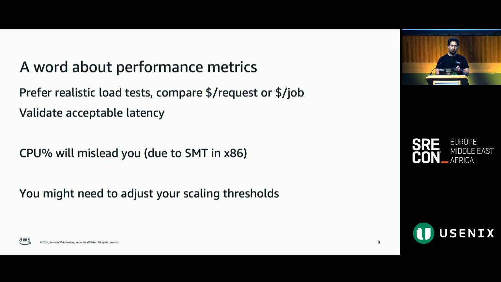But the thing people tend to use here is to look at CPU utilization, and CPU utilization is going to lie to you. And the reason it's going to lie to you, one, is because it's a bad metric. We can take it outside if you want. But specifically in that case, you're going to compare 2 CPU architectures. x86 usually runs with SMT, or as it's called in Intel, hyperthreading, where you have 2 threads that are mapped to the same core.